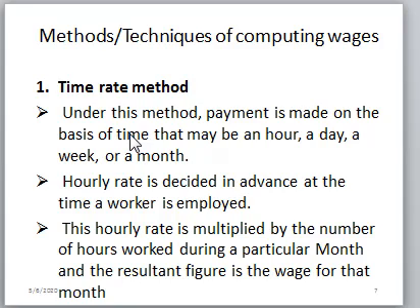It depends on the time that an employee has worked. If the employee has worked a month, then you pay for a month, or if they have worked an hour, you pay per hour. That's the time rate. The payment is based on time. It can be an hour, a day, a week, or a month.